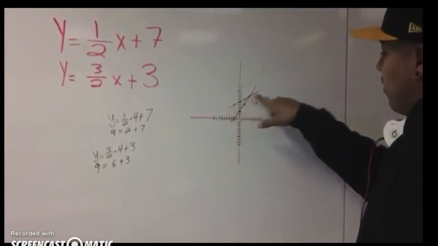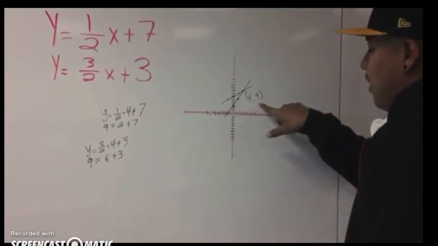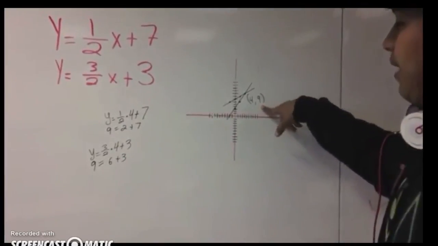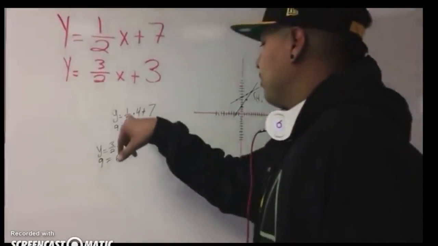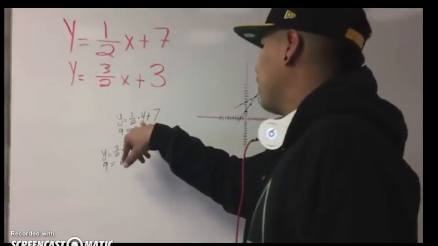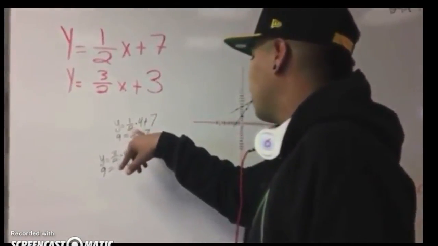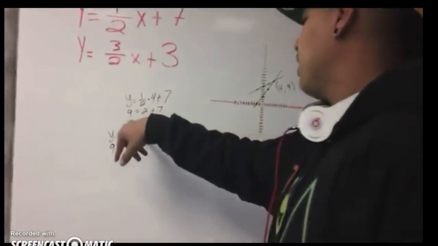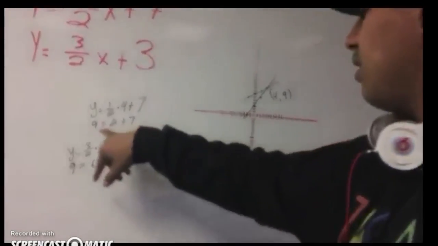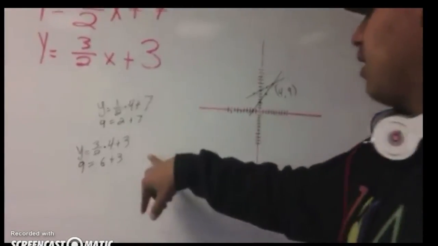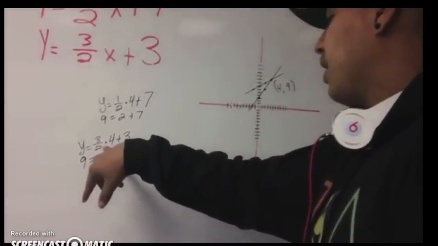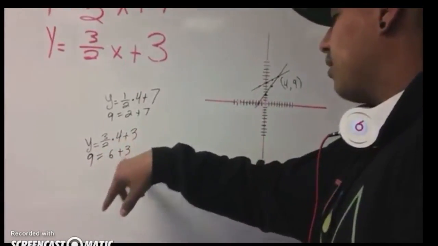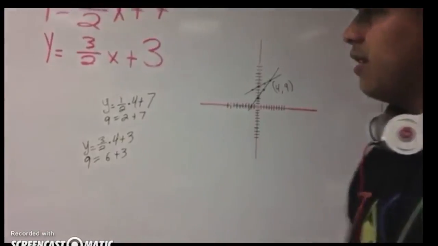And they cross at (4, 9). And then I have to plug in 4 for the x. So 1/2 times 4 plus 7 equals 9. So I get 2 plus 7 is 9. And right here, 3/2 times 4 plus 3, 6 plus 3, so it's 9.